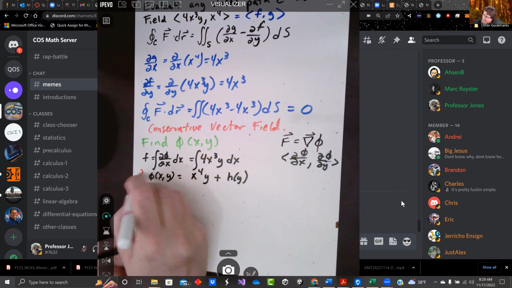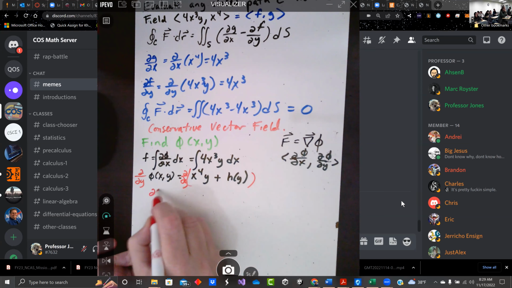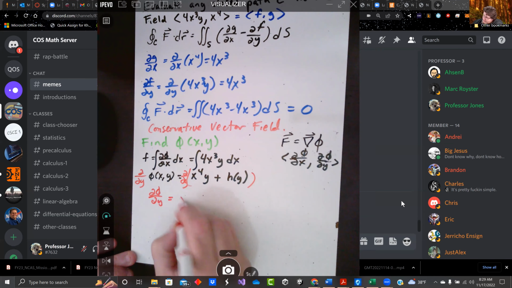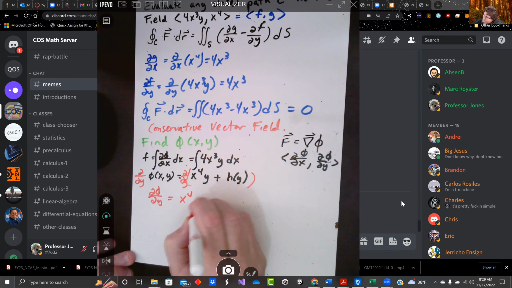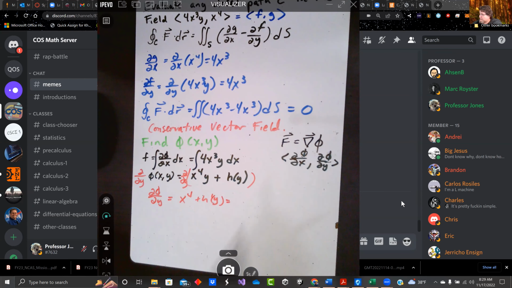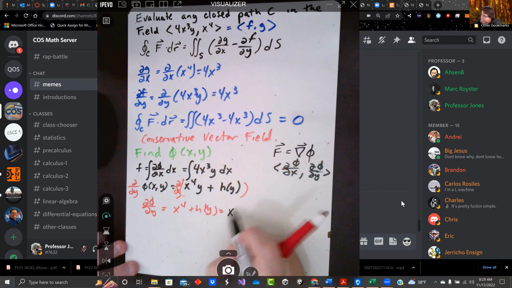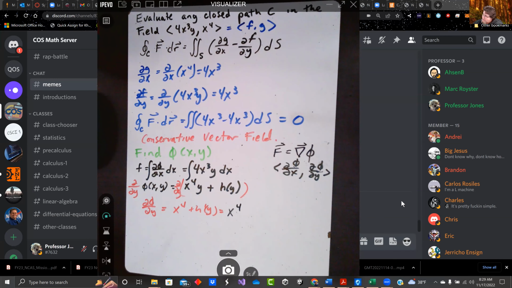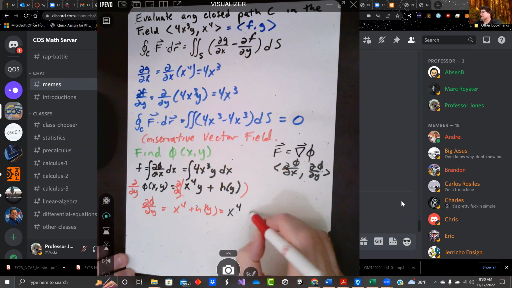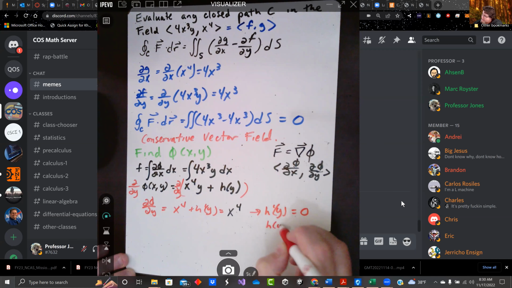We'll do d dy of both sides here. And I get d phi dy equals x to the 4th plus h prime of y. And that should equal my x to the 4th from up here. Which means we subtract x to the 4th from both sides, we get h prime of y equals 0. We integrate both sides with respect to y, and we get h of y is a constant.